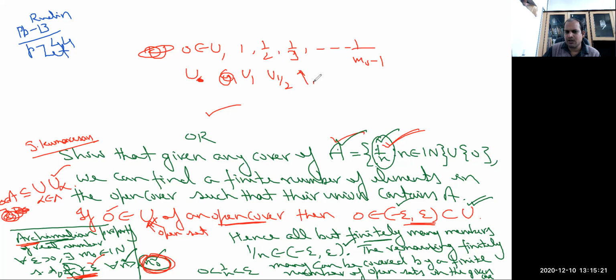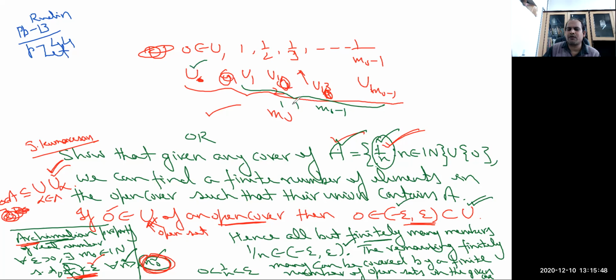Here U1 by 3, I can re-index it: U2, U3, up to U m naught minus 1. So how many total sets will be there? Whatever collection we have covering A, the total number of sets will be m naught. Here we have m naught minus 1, and this one is one open set containing infinitely many members. So the total number of open sets is again finite.